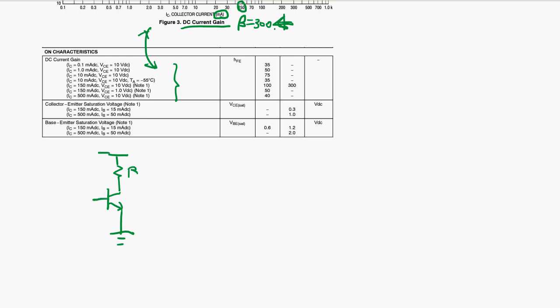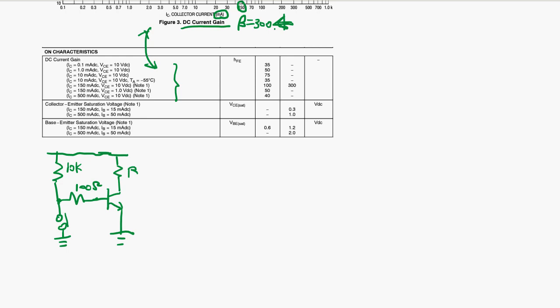So for the inverter, what we do is at the base input, we put the switch. Okay, and this is like a large one. This is like a small 100 ohm, and in the hands-on electronics later you can see the actual circuit.